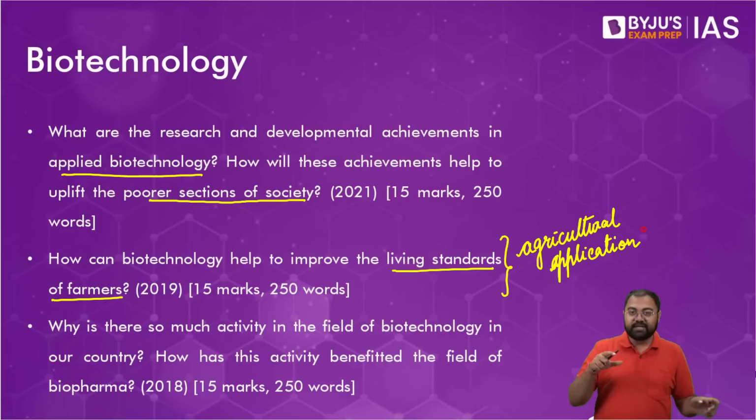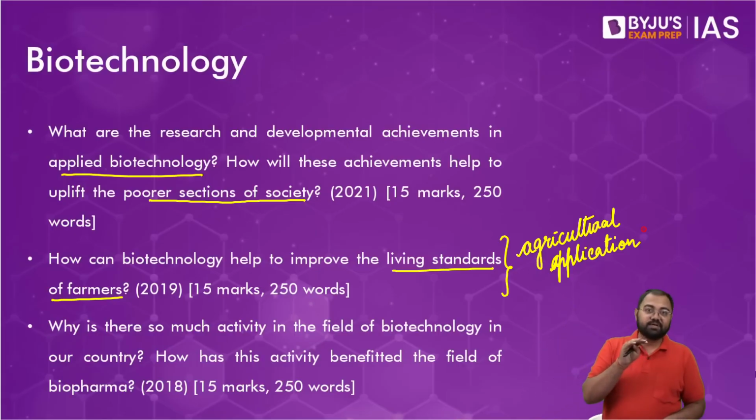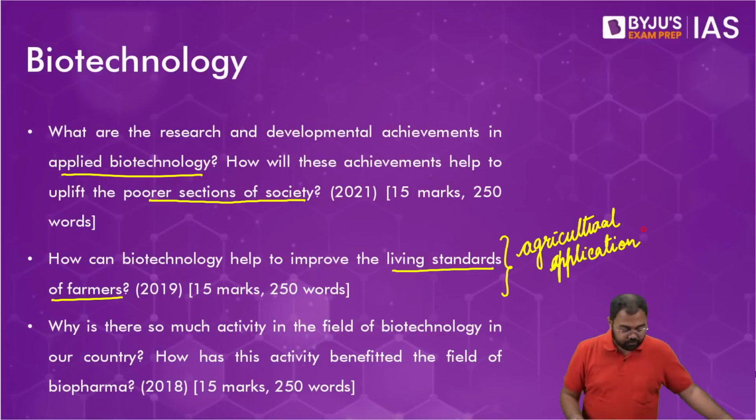So the question is not directly about how does biotechnology help in agriculture. The question is about how does it help the living standards of farmers, right? So you'll also have to mend your way of writing the answer to this question. All right. Otherwise it's only about agricultural application.